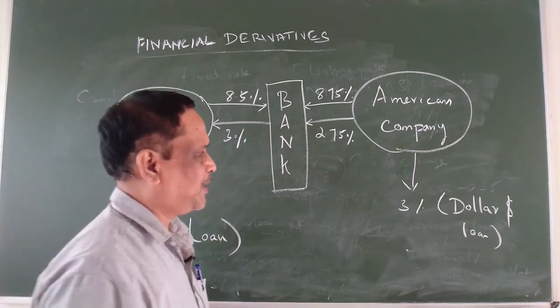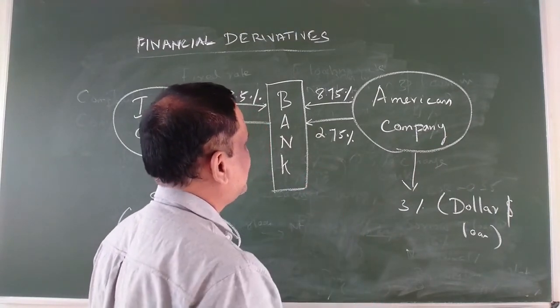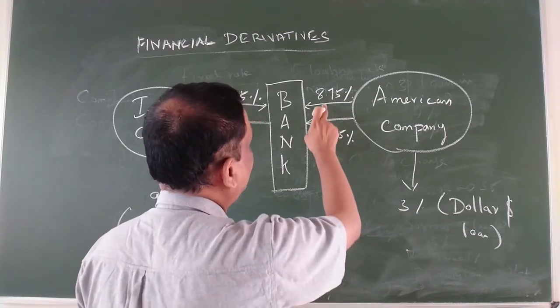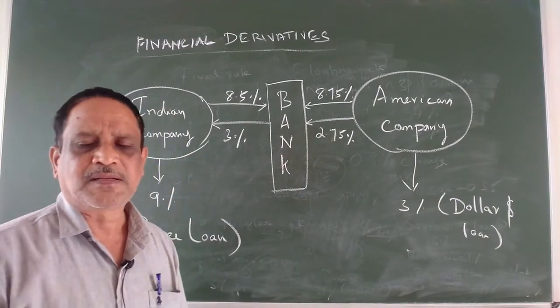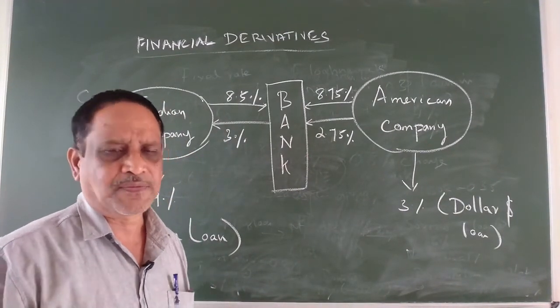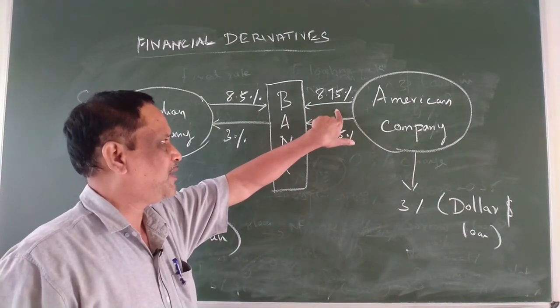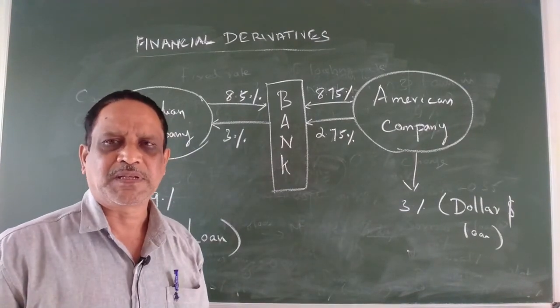Similarly, for the American company, they are making a small loss of 0.25 percentage in the dollar loan, but the Indian rupee loan they are getting at 8.75 percentage instead of their actually eligible 9.5 percentage. So, there they gain 0.75 and they lose 0.25, the net gain is 0.5 percentage.